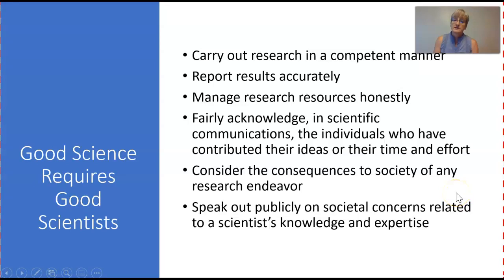Finally, doing good science requires that you as a researcher, and you can see lots of examples of this if you follow white papers that come out of the American Psychological Association, for example, or the American Psychological Society.